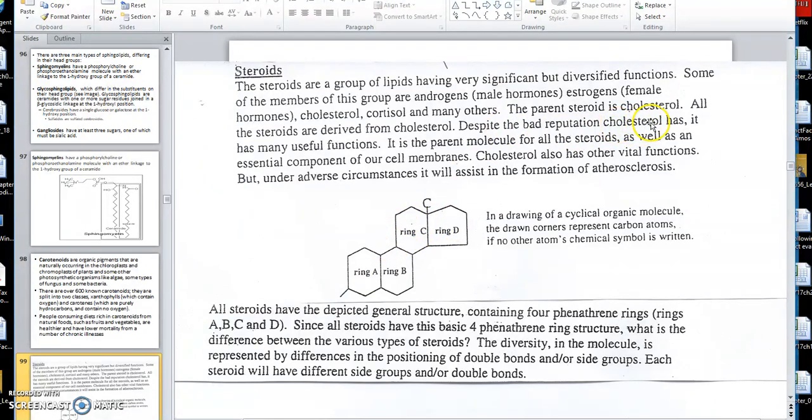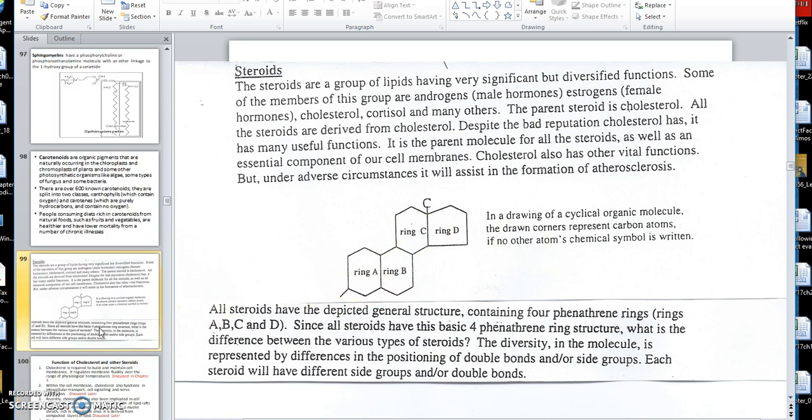Cholesterol falls under a steroid. Estrogen in females, progesterone, the male hormone androgens. There are numerous steroids, but all of them will have this here, which we call a phenanthrene ring structure. But side groups and double bonds will make the difference in the steroids.